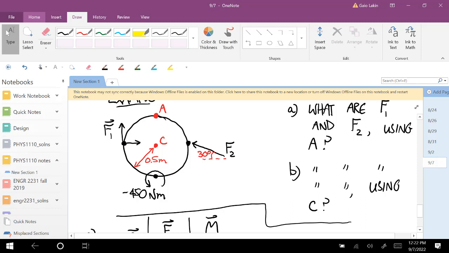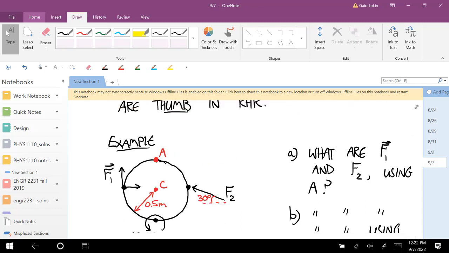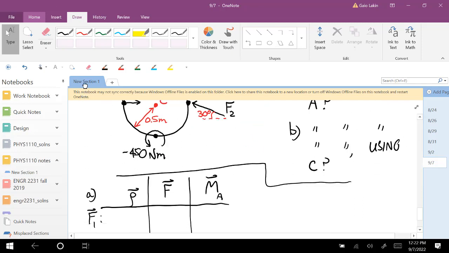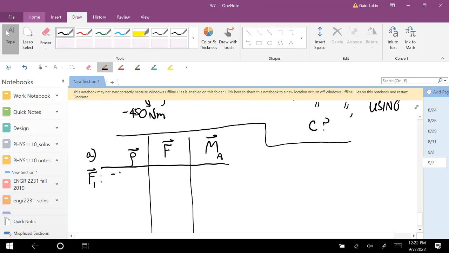The radius of that circle is 0.5. So you'd go negative 0.5 for X, and then negative 0.5 for Y. Do you see that? If we're using a normal coordinate system, like this. So I'll write this as negative 0.5, negative 0.5, and I'll keep it in 3 dimensions for now as a reminder that all these moments are 3D vectors, even though in 2D they only have Z components.